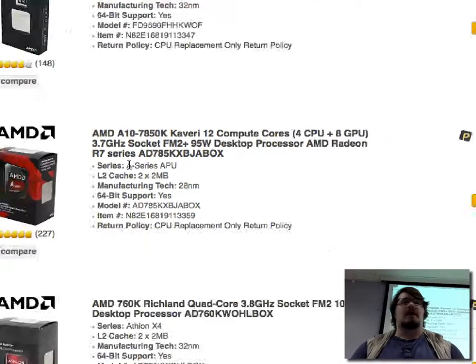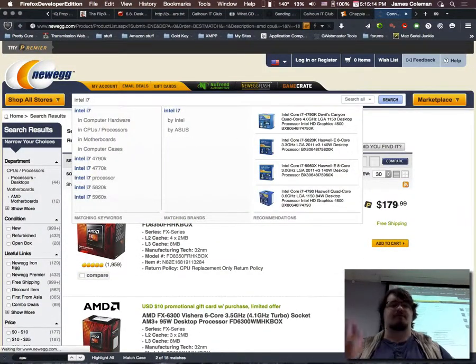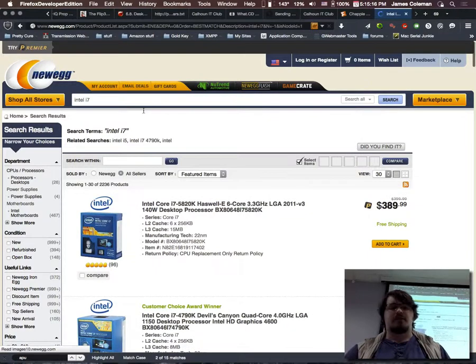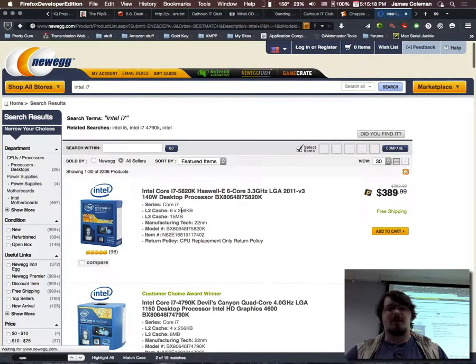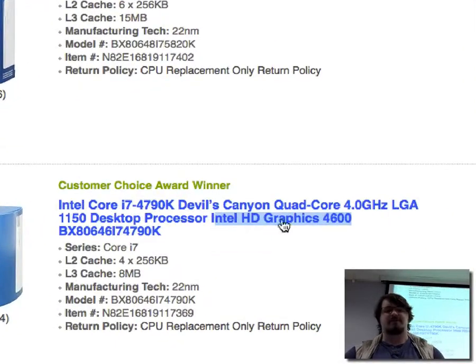On Intel, if you were to search for Intel i7 or whatever type you want, you would see that they all have Intel HD graphics. If it says Intel HD graphics, that means it's going to have some graphics processing built into it, and you could buy a motherboard that supports HDMI and all that for them.